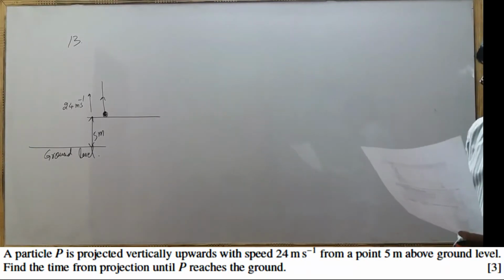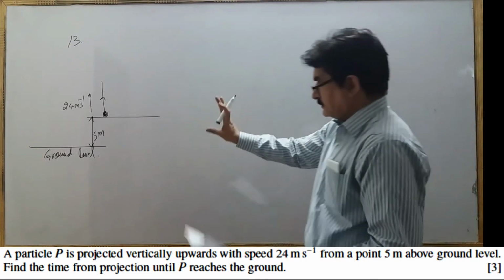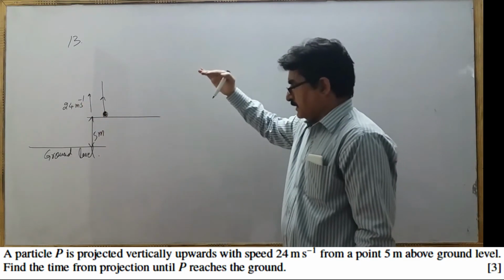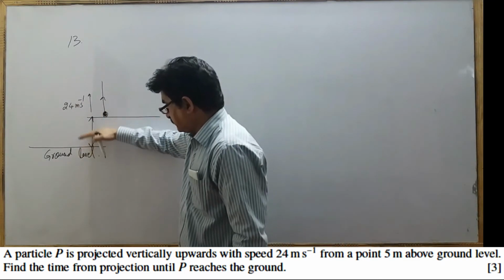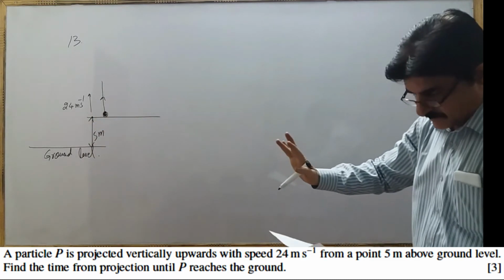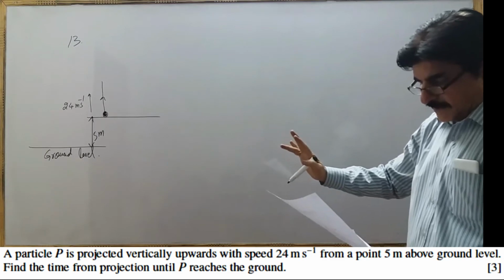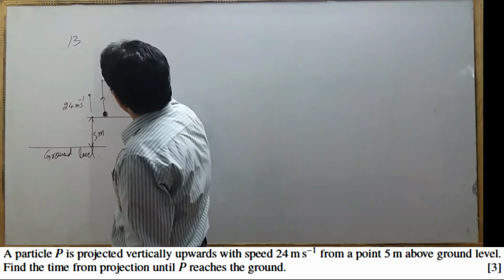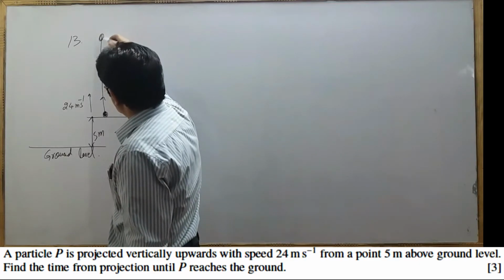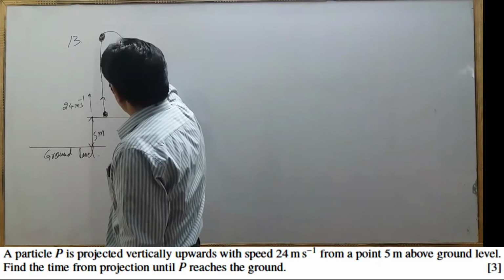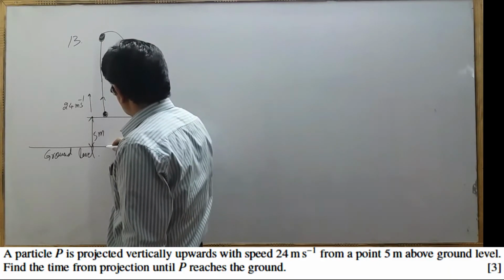Now find the time. Only two pieces of information are given: projected with 24 upward and from 5 meter above the ground. You are asked to find the time taken by this particle in reaching the highest point, and then taking a turn from here and coming back to the ground level.